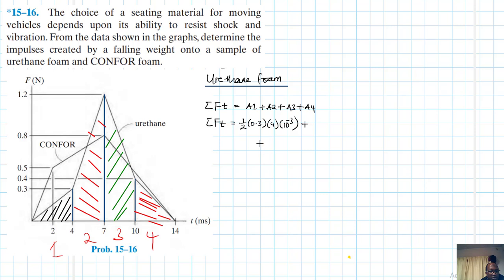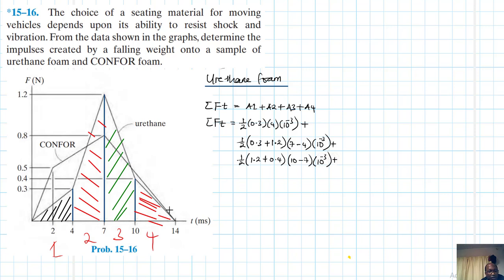times 10 to the negative 3, plus the second area, which is a trapezoid. So we have half times our A, 0.03, plus our B, 1.2, and then the distance in time, which is 7 minus 4, then times 10 to the negative 3. Then area 3 is a trapezoid as well, so it's half times 1.2 plus 0.4, times 10 minus 7, times 10 to the negative 3.